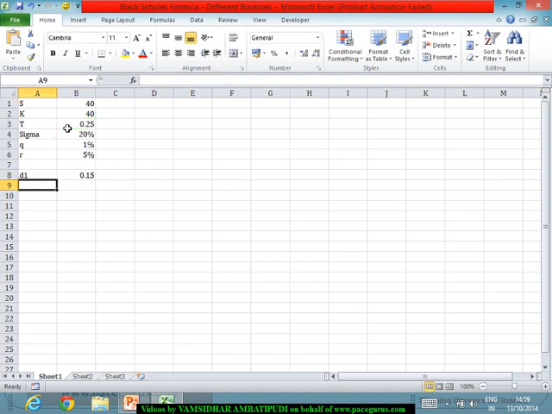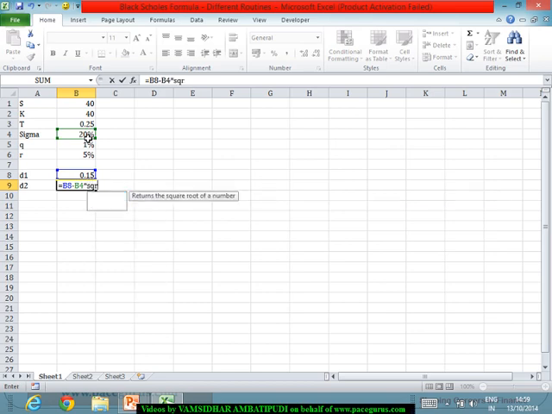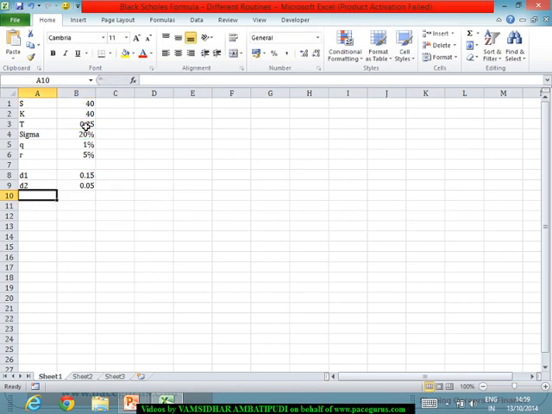So this happens to be the value of D1, and D2 comes as D1 minus sigma into square root of T. So D2 comes to 0.05.